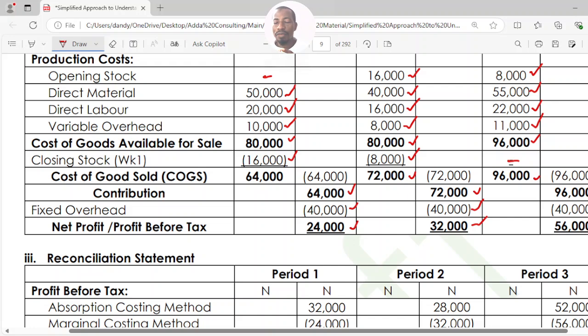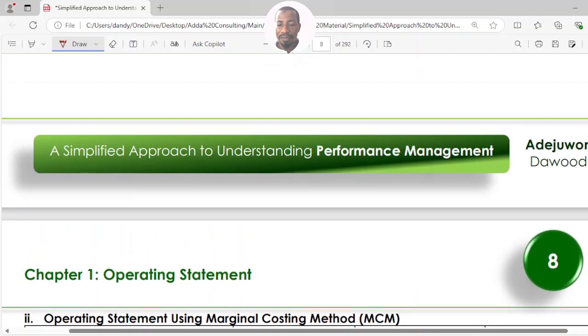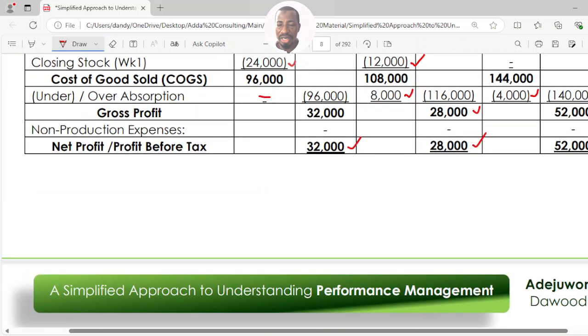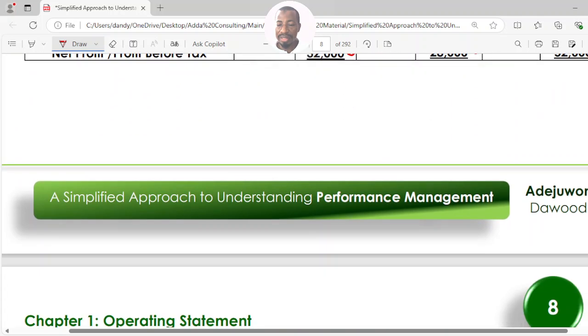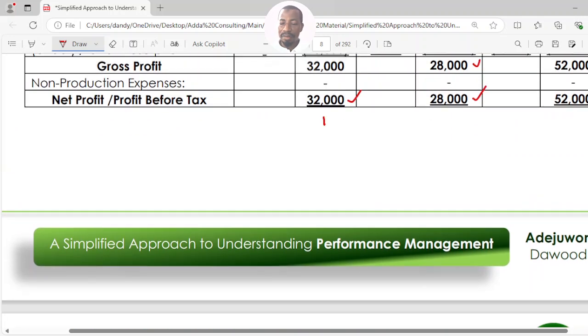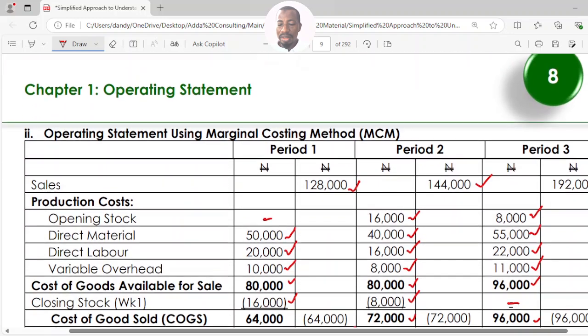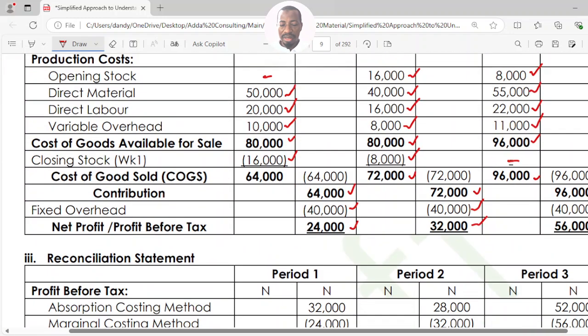Now, we have computed income statements using marginal and absorption costing methods. When you look at the operating performance, the profit in the first year under absorption costing is 32,000 naira, whereas under marginal, the profit is 24,000. There's a difference of 8,000 naira.